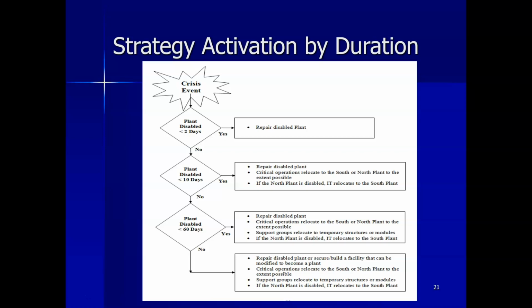Limited business continuity aspects of the plan need to be executed in this short period of time. Next, you have operations suspended for a 2 to 60-day period of time. A substantial level of business continuity efforts needs to be executed. And third and finally, you have operations suspended for a period in excess of 60 days. Full business continuity efforts need to be executed.